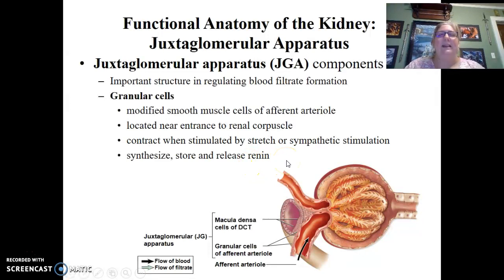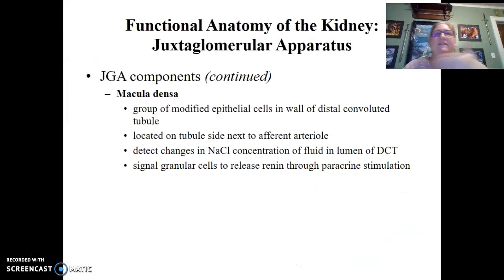And renin activates the production of angiotensin 2. Angiotensin 2 then is going to increase blood pressure, bringing our blood pressure back to normal, allowing us to produce more filtrate like it's supposed to. So weak blood pressure typically means less filtrate production.